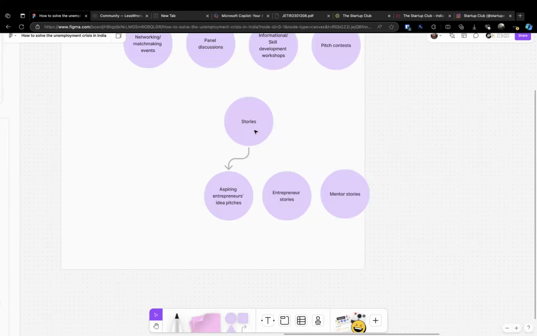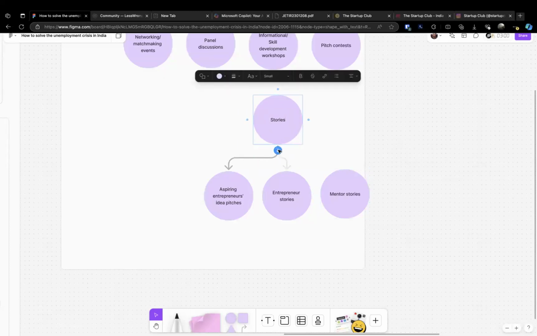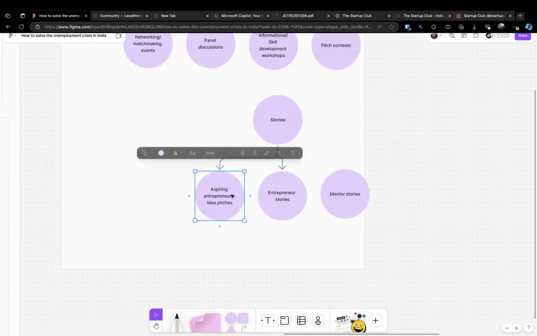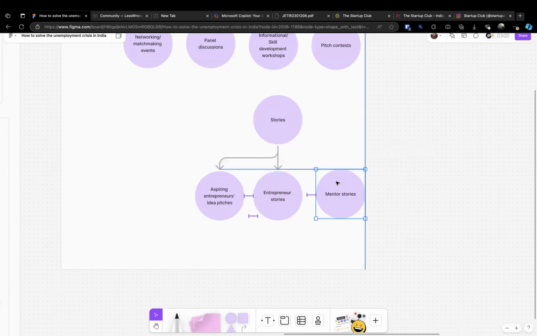These are all things that we can ask the communities to generate and then share with the rest of the community so that they can inspire each other.